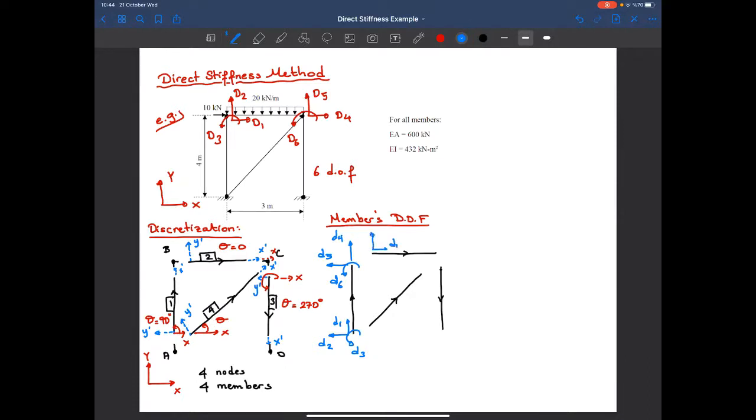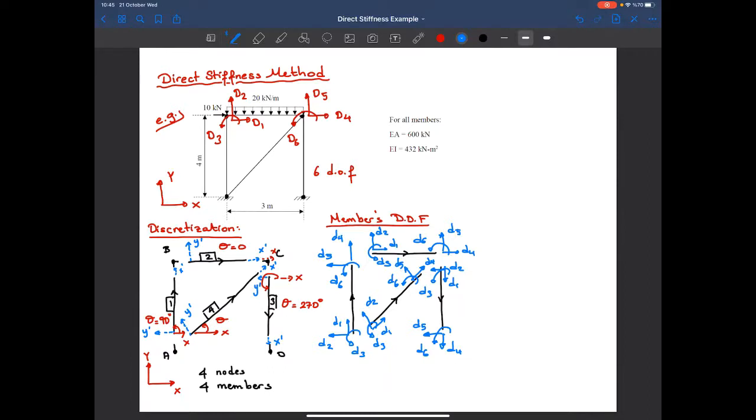D1 will be in the local X, D2, local Y, D3, let's show it for every member, D1, D2, D3, D4, D5, D6, D2 will be in the local Y in the third, D4, D5, D6. So here I show all the local degrees of freedom.